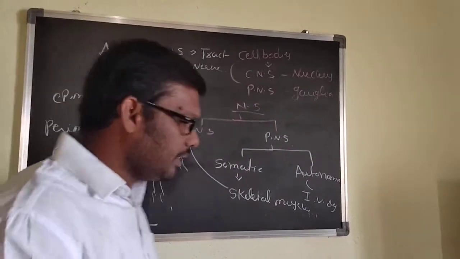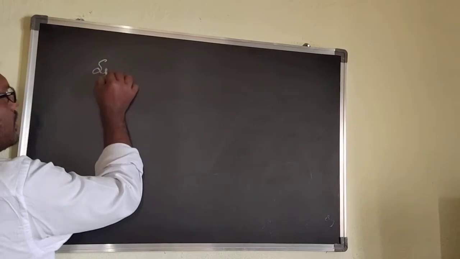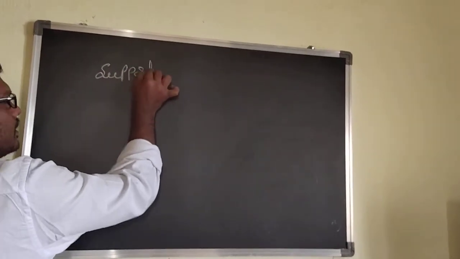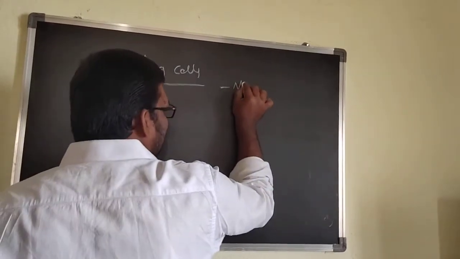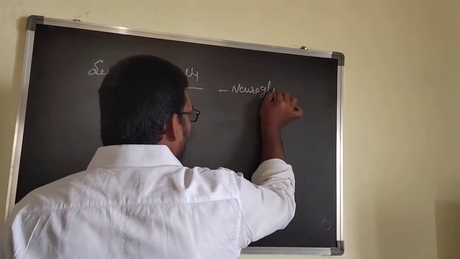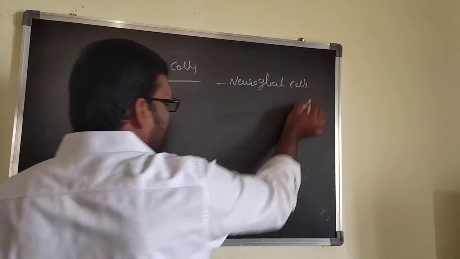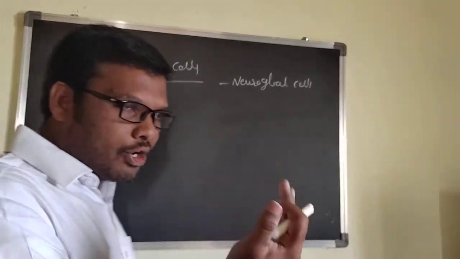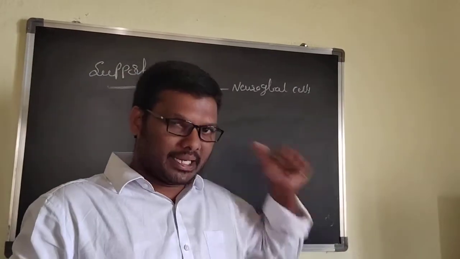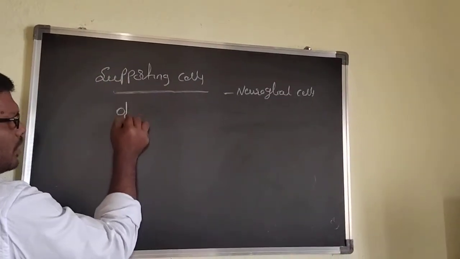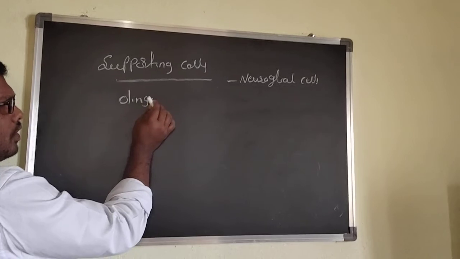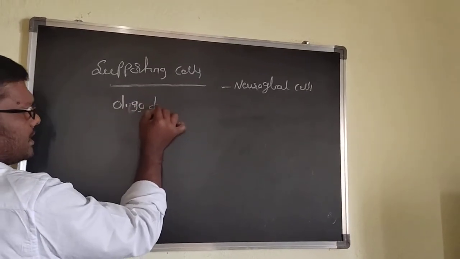And then see, now we can go for the supporting cells. These are the neuroglial cells. These are the supporting cells; they give a suitable environment to the nervous tissue. Here, one is the oligodendrocytes; I already said the use of oligodendrocytes.